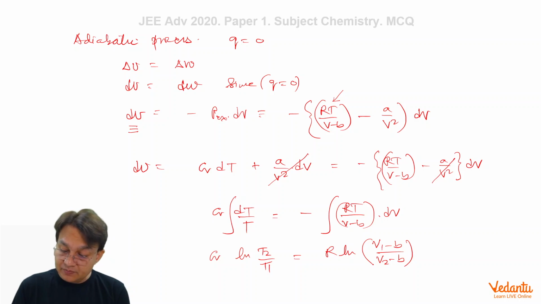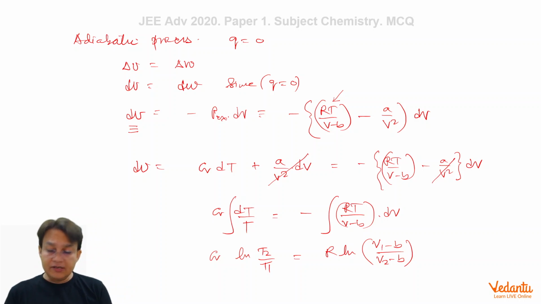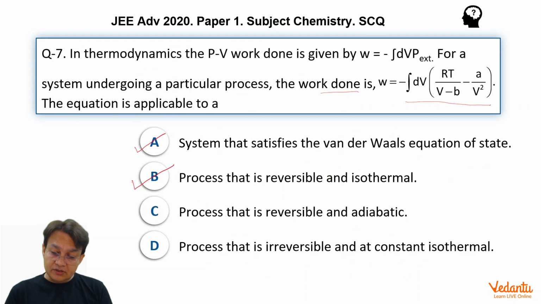By solving this, you get something very similar to the ideal gas, but the expression is for the real gas. So the conclusion is that of course this can also be chosen: the process that is reversible and adiabatic. That's also true.